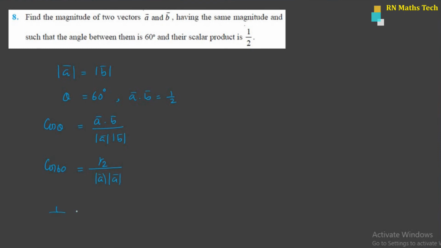Cos 60 is 1/2. 1/2 is equal to (1/2) divided by |a|². 1/2 cancelled. |a|² is equal to 1. So |a| is equal to 1. Therefore, modulus of b is also 1.